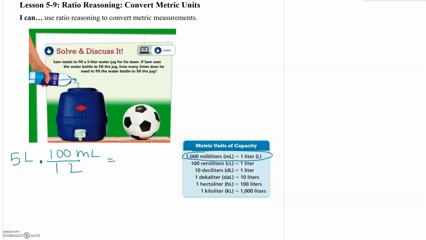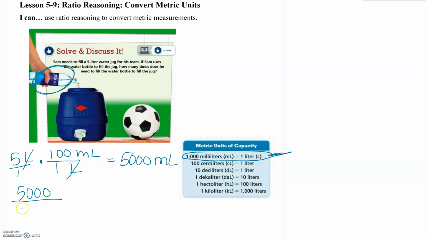Alright, well, when I solve these, I like to use my conversion factors in a little dimensional analysis here. So I will set up my ratios, I have my 5 liters and then my conversion factor here. My liters cancel out, so then I'm going to have 5,000 milliliters. Alright, and then if we look at the water bottle, we have the same unit, so I don't have to change anything.